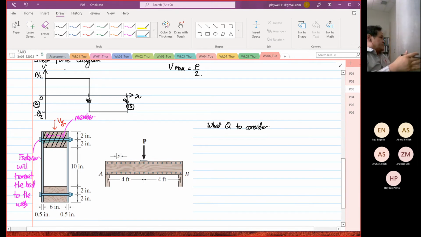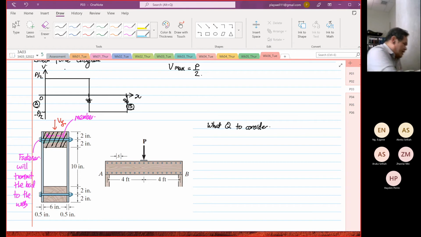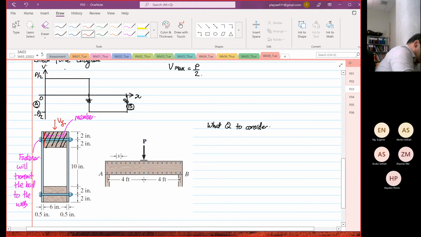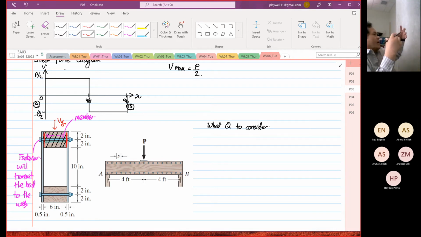To the web. Because we are calculating failure at the joints over here, we have to consider the load distribution or the shear flow distribution taken over by the member. So that's why it is that area that I hatched. That is the area that we are going to consider.